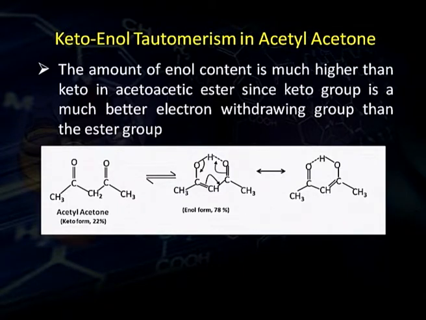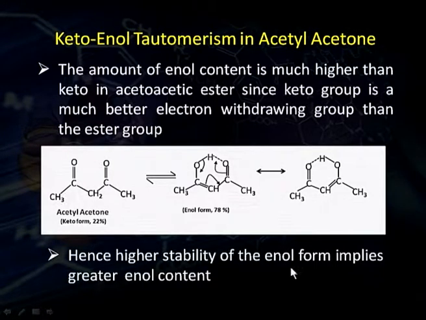The amount of enol content is much higher than in acetoacetic ester, since the keto group is much better electron withdrawing group than the ester group, because in ethyl acetoacetate on this side was the ester group and in this case both these groups are keto group, and it has changed the percentage because of better conjugation, better formation of intramolecular hydrogen bonding. The percentage is increased to 78%.